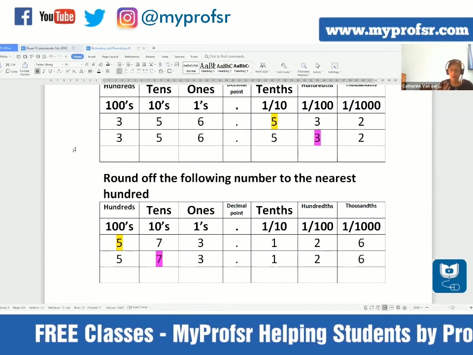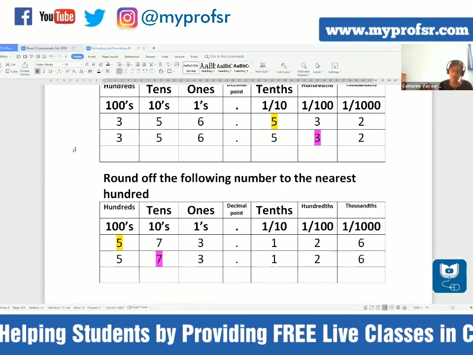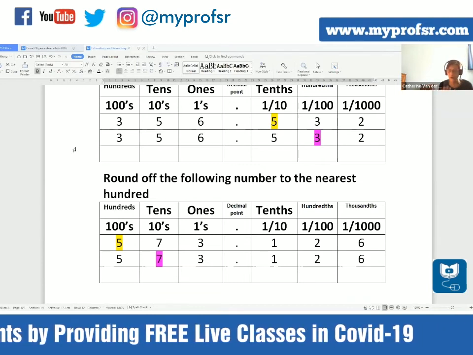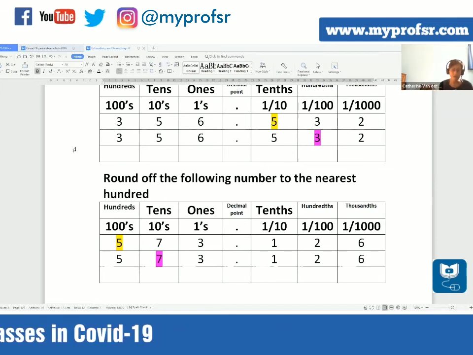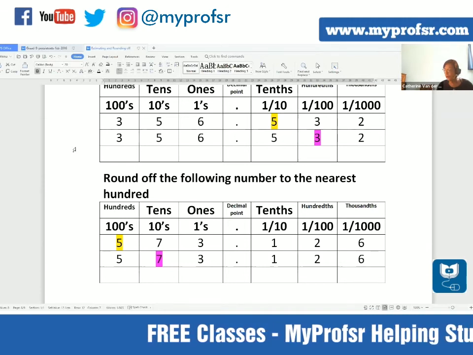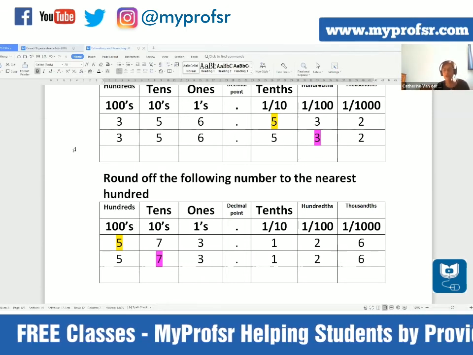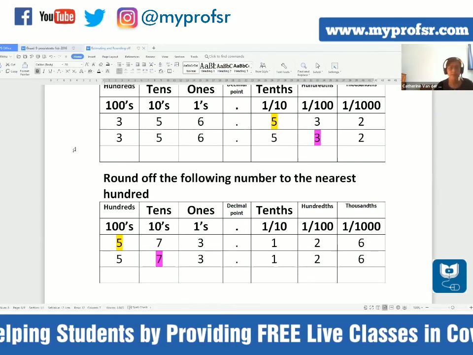And luckily, what we're trying to do is to cover from the basics to the more difficult parts of this section. So for the sake of those of you who still don't exactly understand how to round off, I am going to go through the next two examples, just so that everyone can be with us.